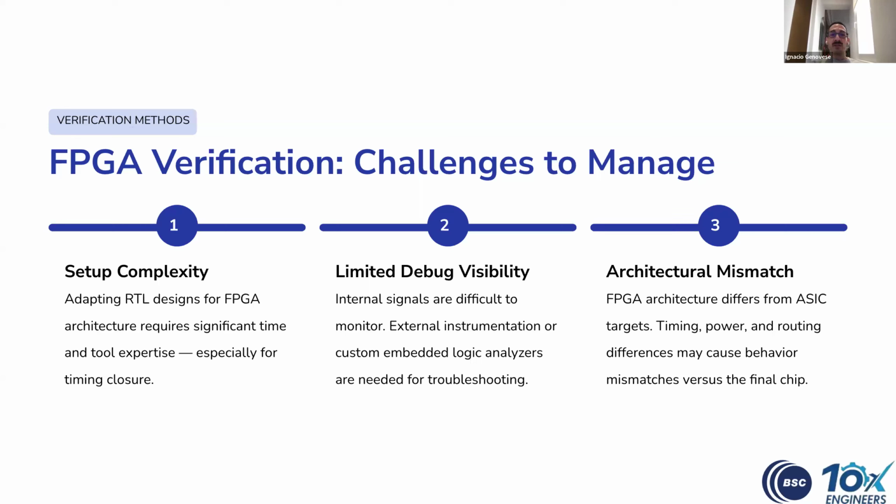And the FPGA architecture usually differs from the ASIC targets. There might be timing, power, and routing differences that might cause behavior mismatches versus the actual chip. So FPGA is not perfect, but it's really powerful. And we need to use it, understanding its limitations.